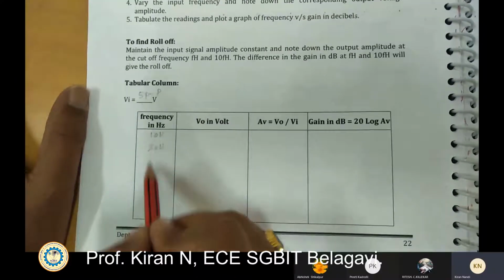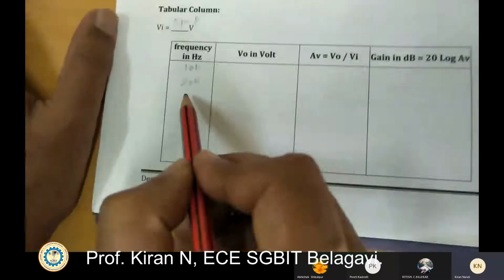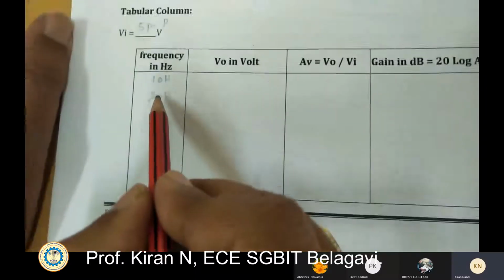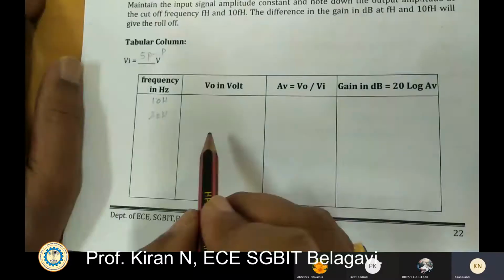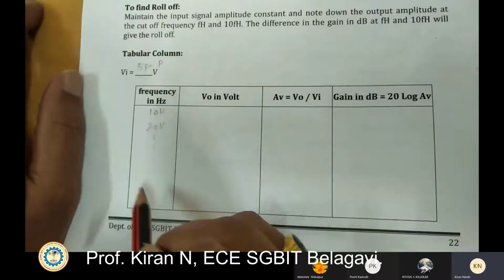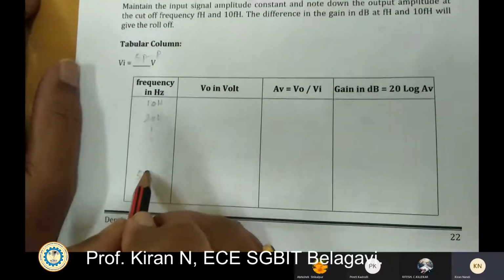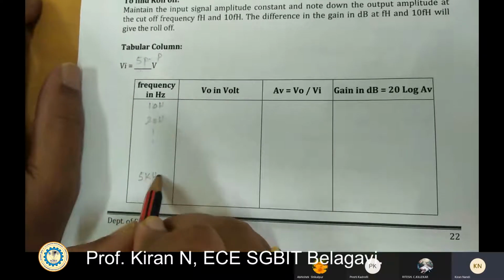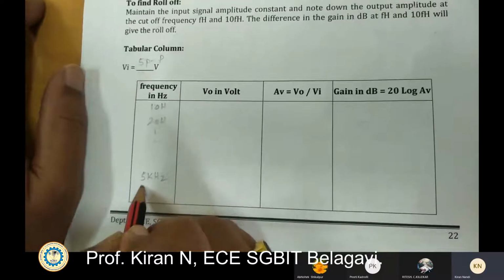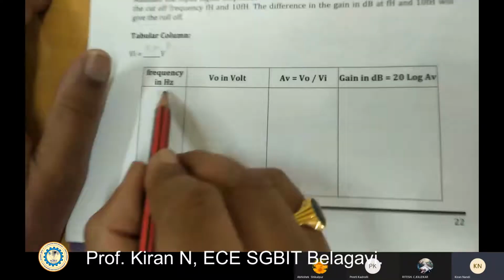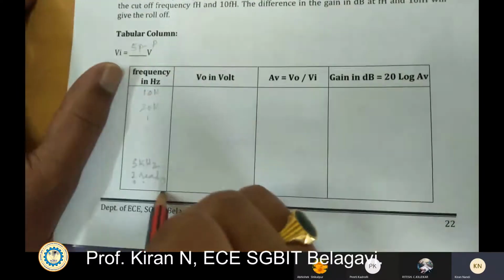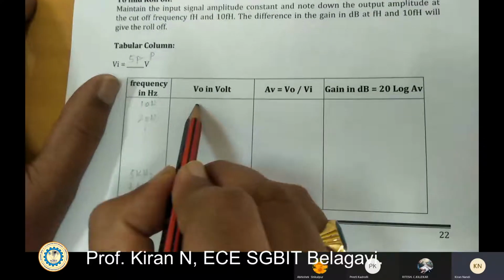It depends on the way you take the readings, so that the graph can be plotted in a proper way. So check this up to 5 kilohertz, and after 5 kilohertz note down 2 to 3 readings. Simultaneously, when we go on increasing the frequency, we have to note down the output voltage also.